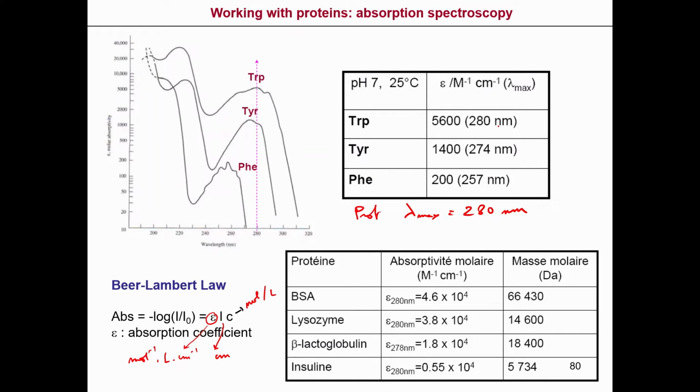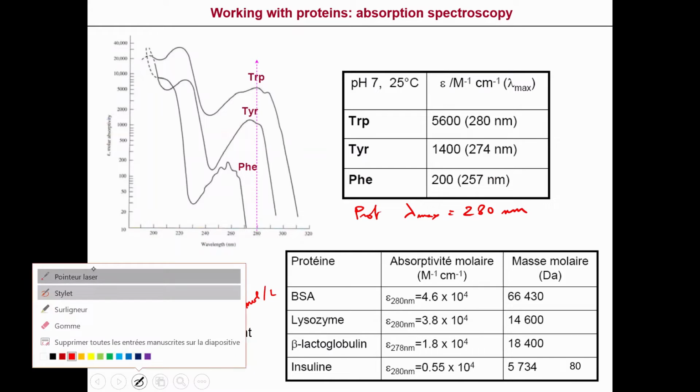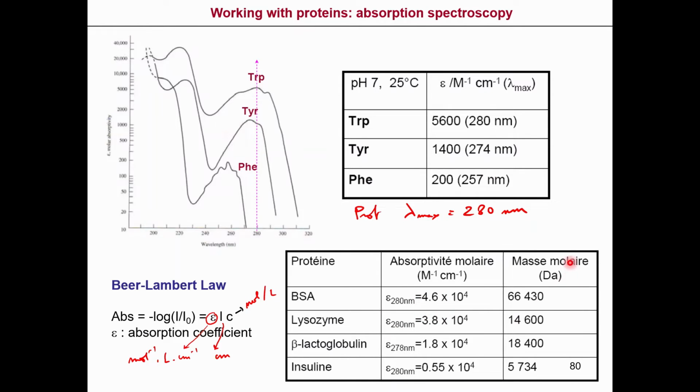The absorption coefficient is proportional to the molecular mass of the protein because it's proportional to the number of tryptophan usually. Okay, so you see that this absorption coefficient increases from here to here with the size of the molecular mass of your proteins. So the absorption coefficient is more or less proportional to the molar mass of the protein.